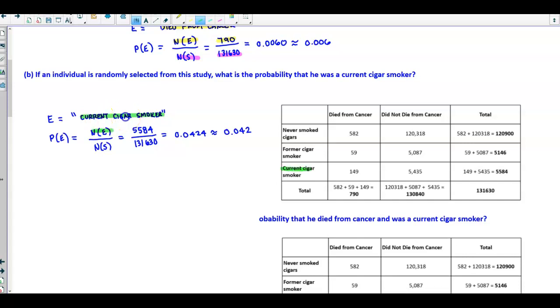Well, here is the current cigar smoker. It is a row. So when we add up those rows, we get a total of 5,584, which represents the total of current cigar smoker. So that's what we have in our numerator. In the denominator, we're dividing it by the total in the sample size, which is 131,630. When we divide that, we get a decimal of 0.0424, which rounds to 0.042.